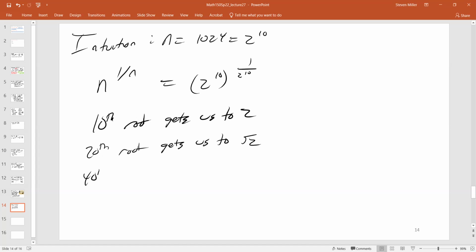The 40th root is the 4th root of 2. The 80th root is the 8th root of 2. And you can see this is like hitting the repeated square root button on my calculator. If you've ever done this, this is going to rapidly converge to 1. It doesn't matter if you start above or below.